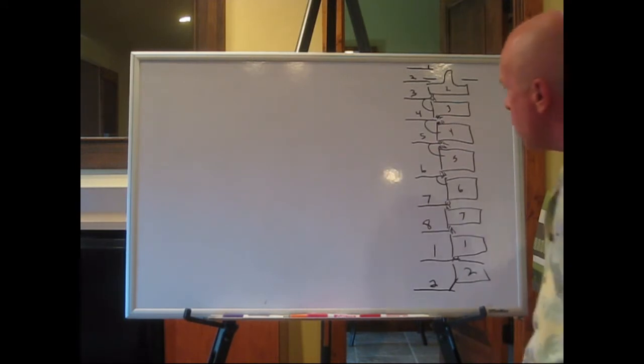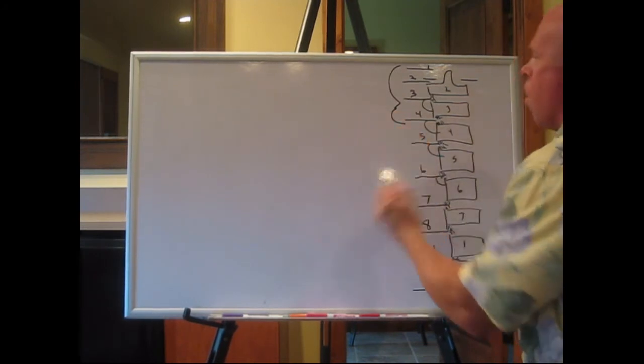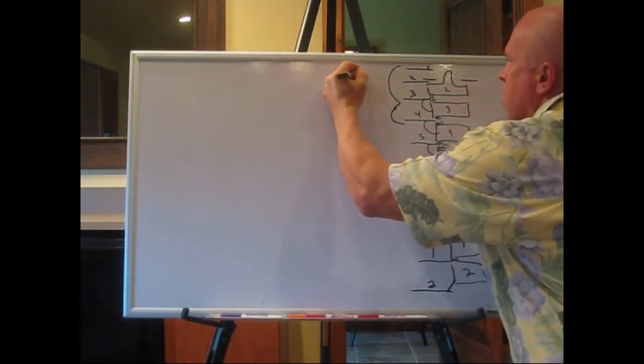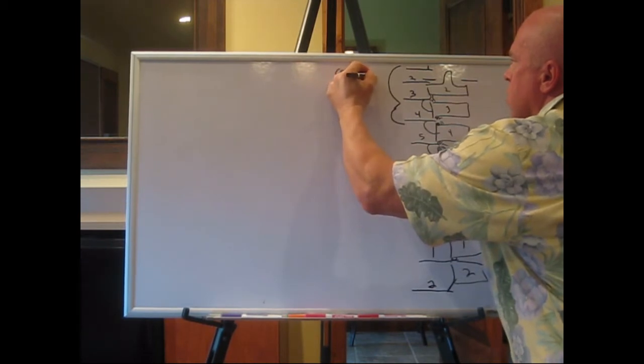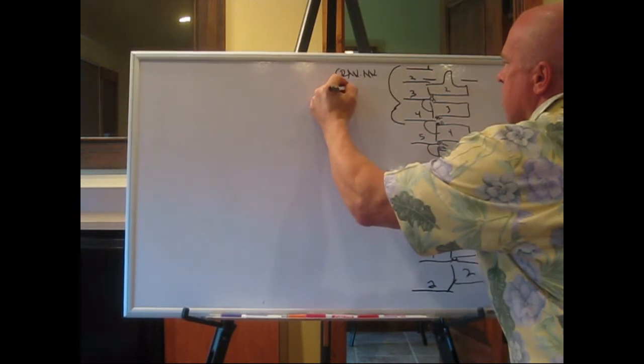Okay? Now all of this here, C1 to C4, along with several of the cranial nerves, contribute to form the cervical plexus.